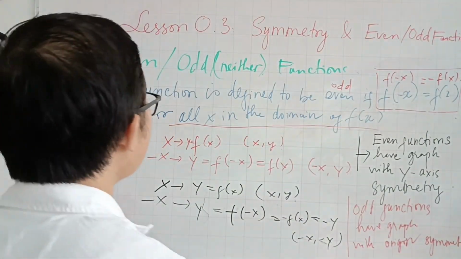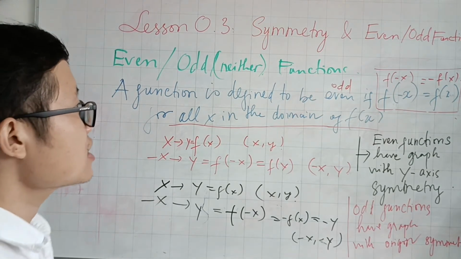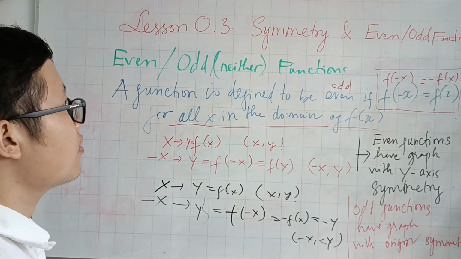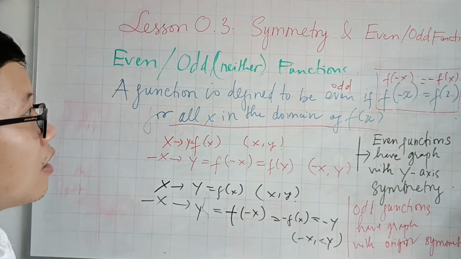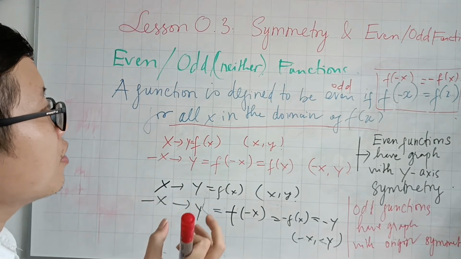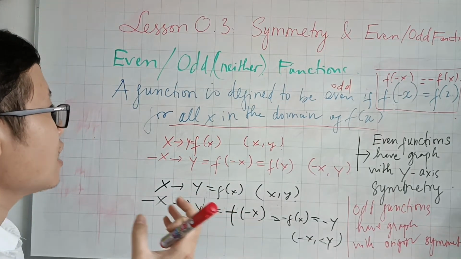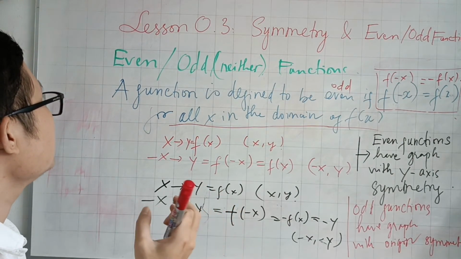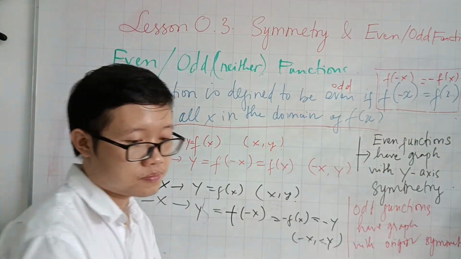And when you replace x with negative x, if f(-x) is not equal to f(x) nor equal to negative f(x), you can conclude the function is neither even nor odd.